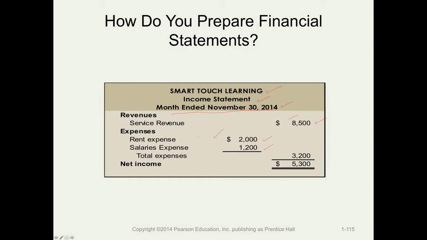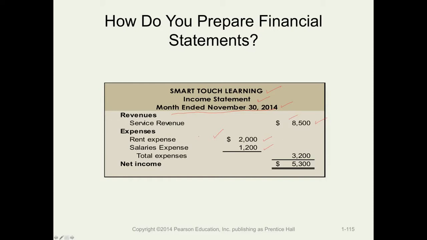Pharmaceutical companies like Johnson & Johnson or technology companies like Apple would want you to see their research and development expense first. How much are they spending on research and development? Even if it's not their largest expense, it's their most important expense because it's critical to the success of their business.